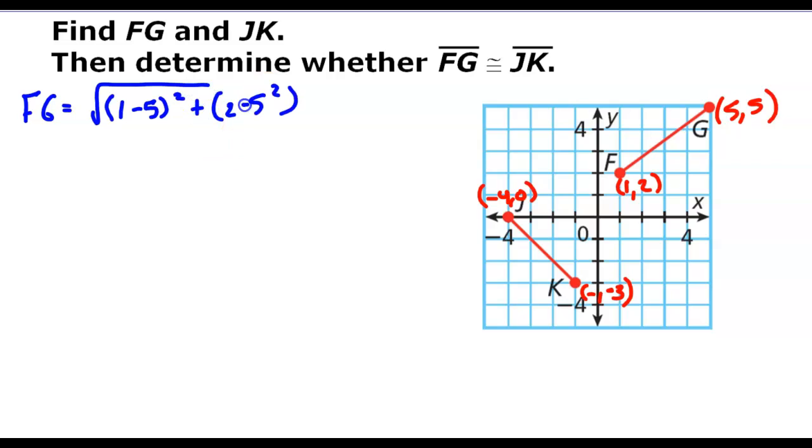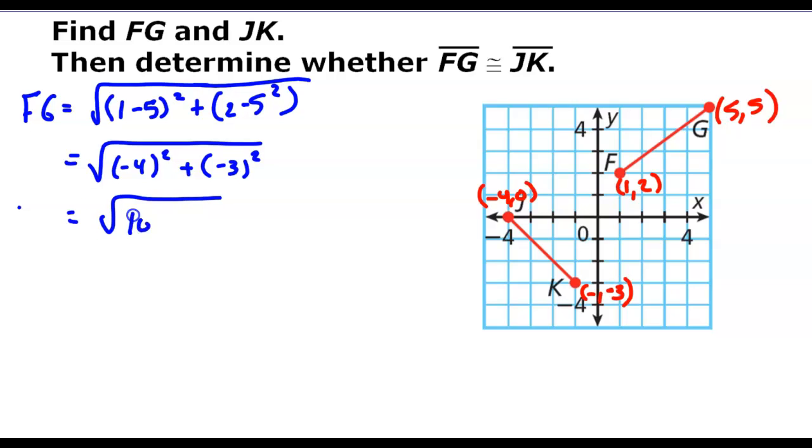And then I square that. So I simplify that, and I'm going to get negative 4 squared plus negative 3 squared. And when I do that, I get 16 plus 9. And the square root of 16 plus 9 is 25, which becomes 5.